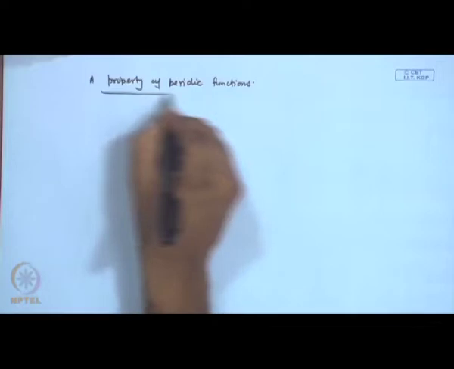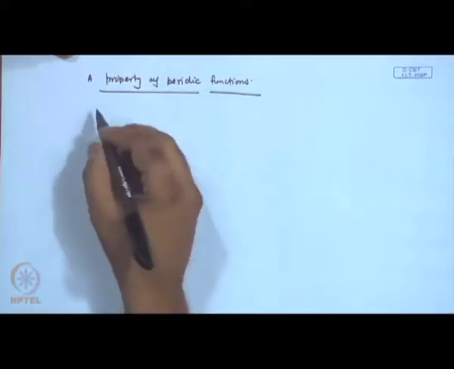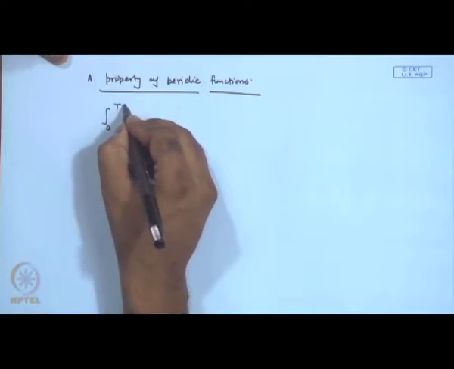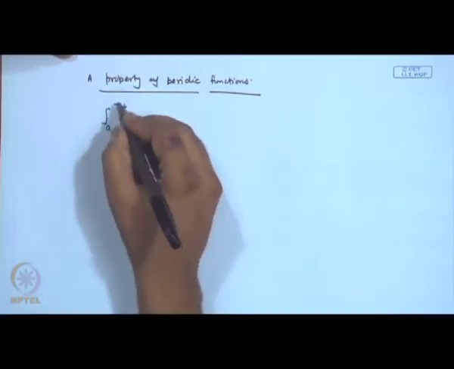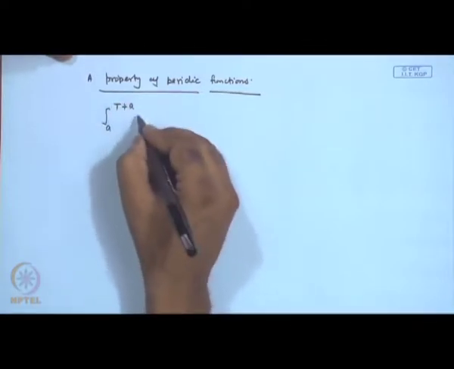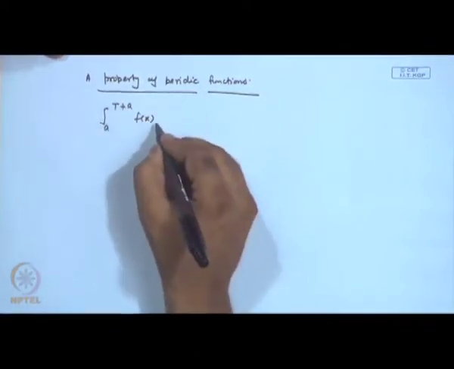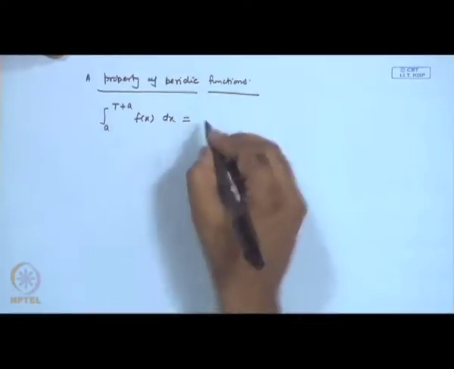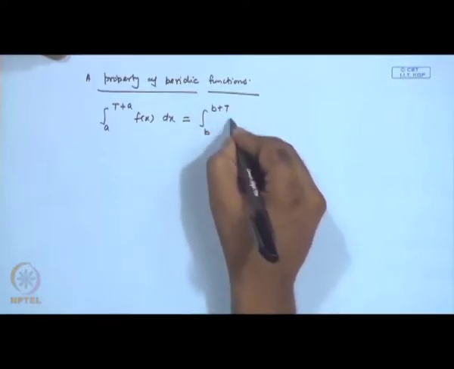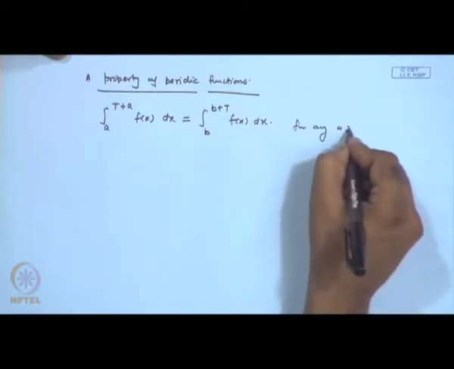If we have a periodic function of period capital T, and the function is integrable, then the integral from a to a plus T of f(t) dt, where we are integrating over this length T, is equal to the integral from b to b plus T of f(x) dx, for any a and b.